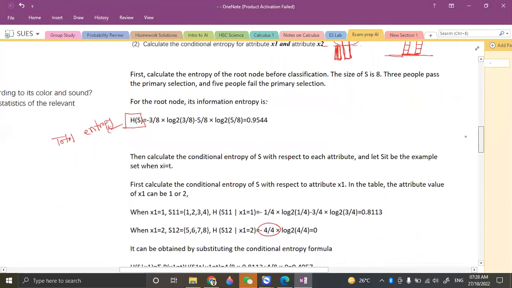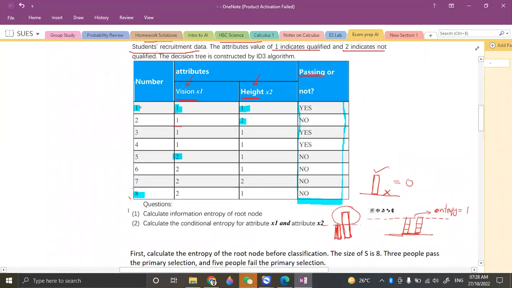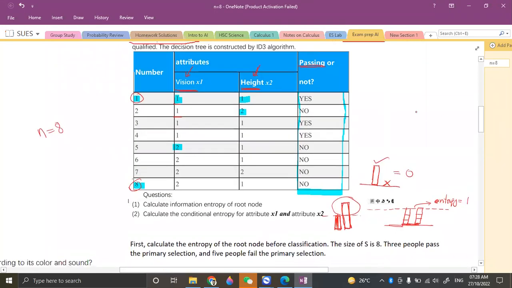So let's find the total entropy. Firstly, we just look at here. How many numbers we have? We have from 1 to 8, that means we have total 8 people here. And then we have to come back here in the final column, the result.